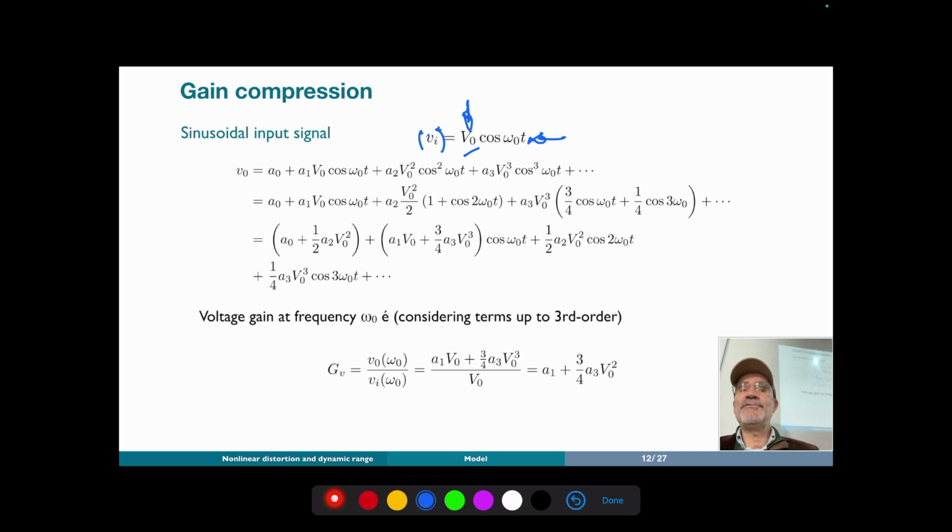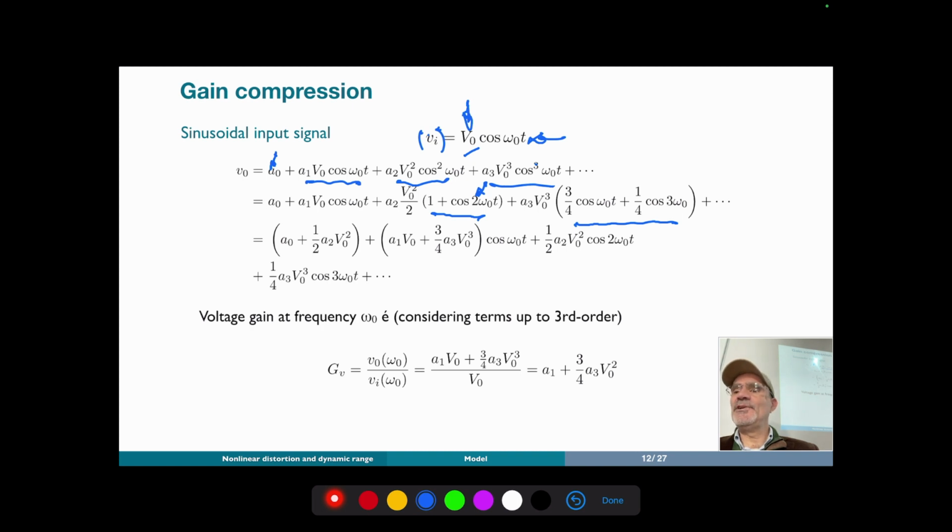And so if we expand this Taylor series, which is shown here, we have a constant term here, we have the linear term here, and we have the square and the cube term, and so on. If we expand this cosine square as shown here, and the cube of the cosine, which is shown here, we see that here we have twice the frequency.